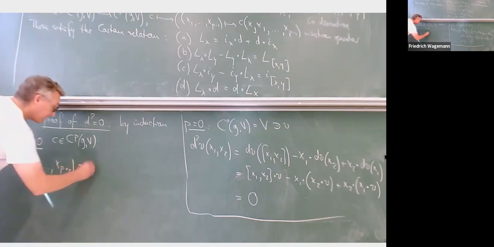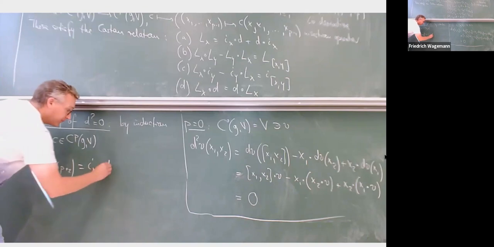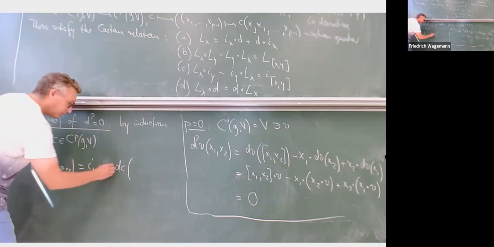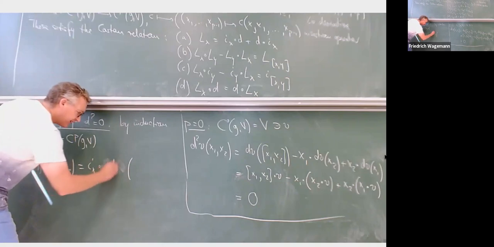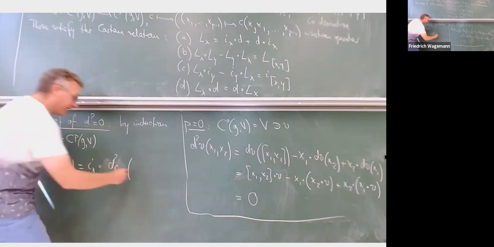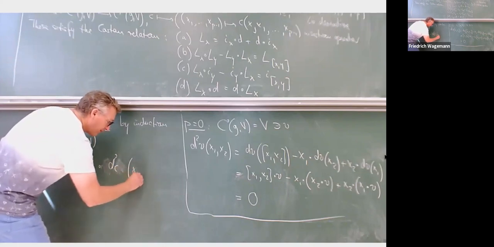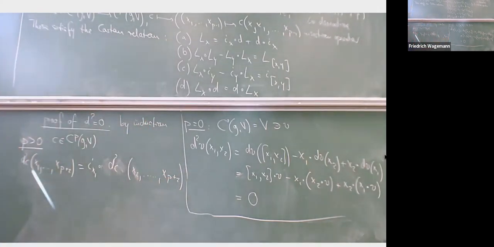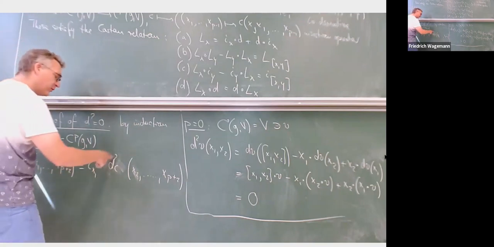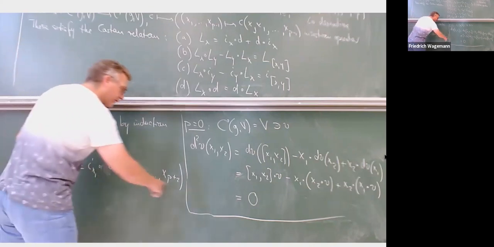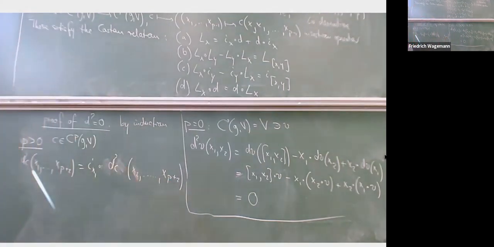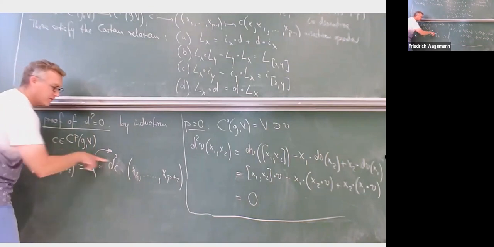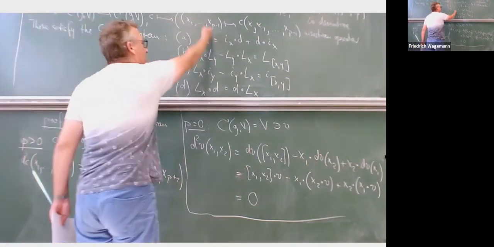The idea of the proof is to write this as the composition of the insertion operator with d squared of c, and then evaluated on x2 to x_{p+2}, and then move the insertion operator through these two d's, with the help of these identities.